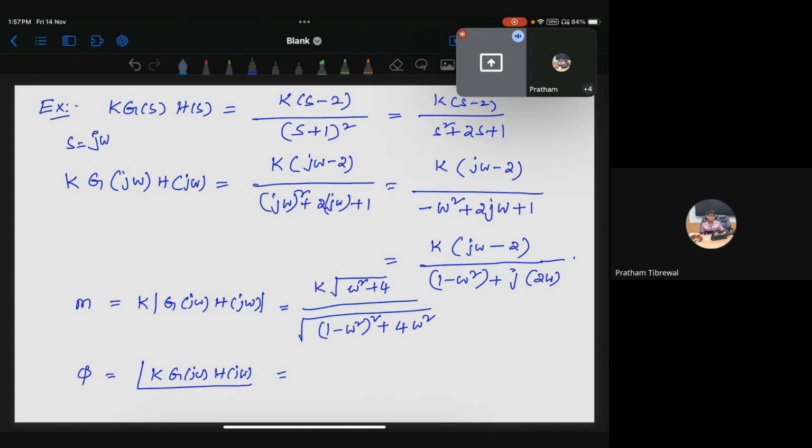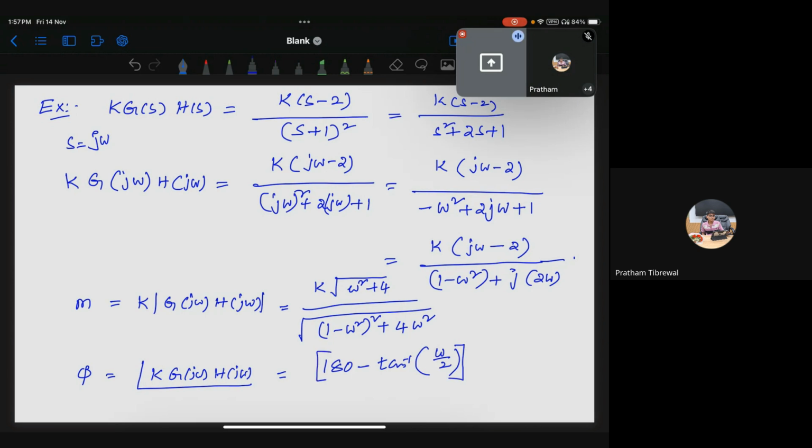So now we are finding the phase angle also. You can see the phase here. I can write this one as, so this is j omega minus 2. So I can write 180 minus tan inverse omega by 2. Hope this is clear.